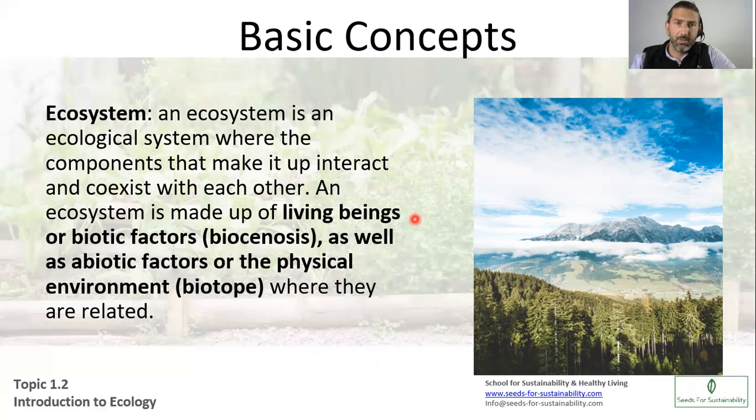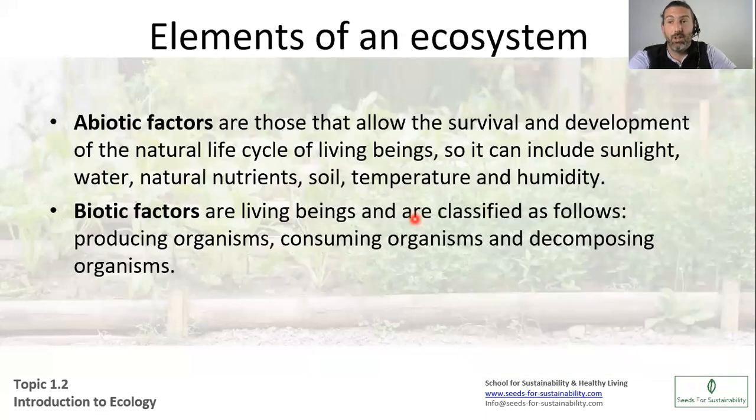An ecosystem is an ecological system where the components that make it up interact and coexist with each other. An ecosystem is made up of living beings or biotic factors, as well as abiotic factors or the physical environment. Let's see now in a bit more detail what those two components are.